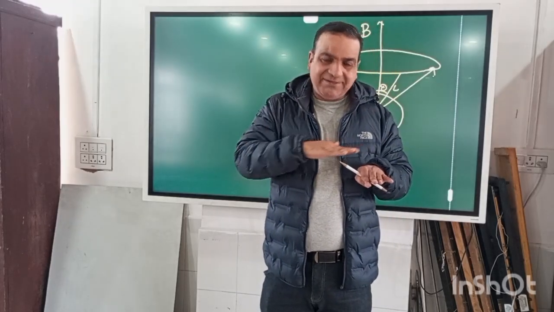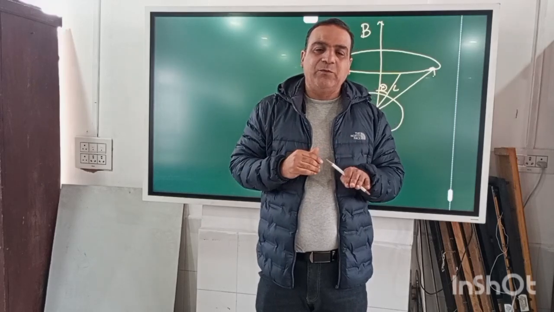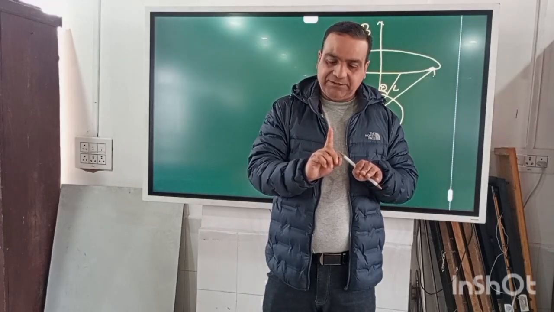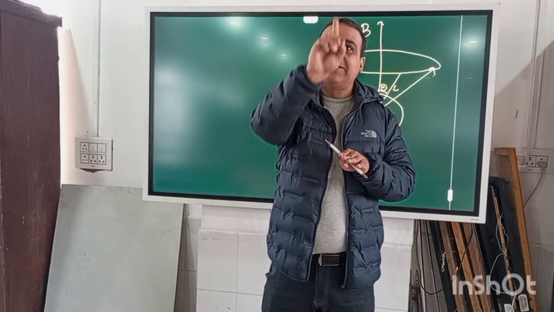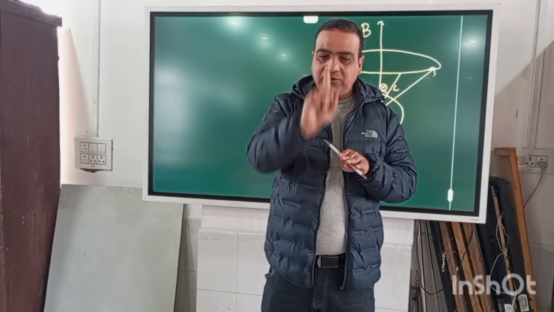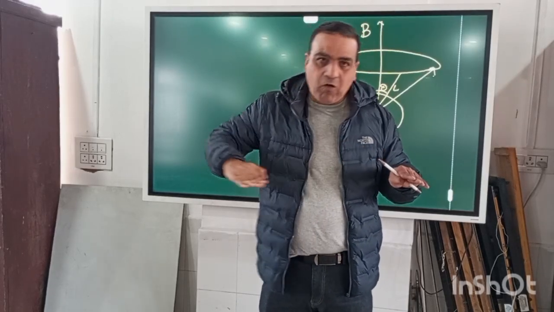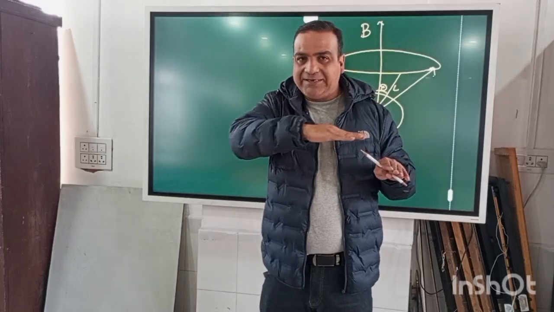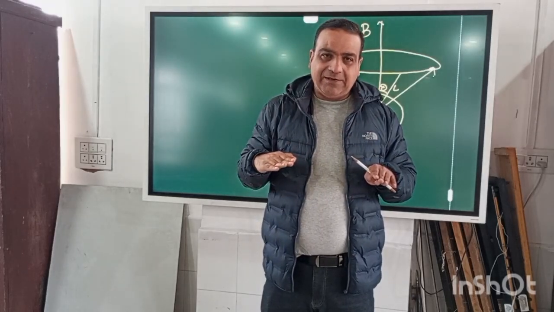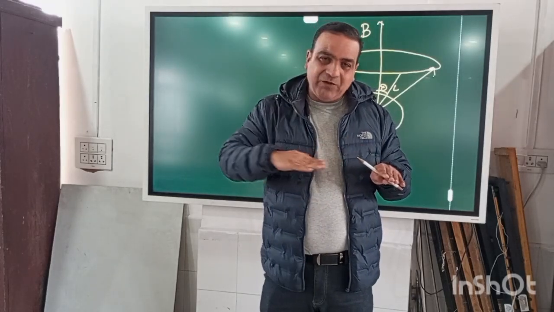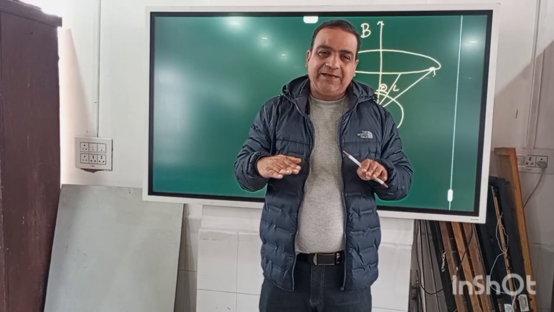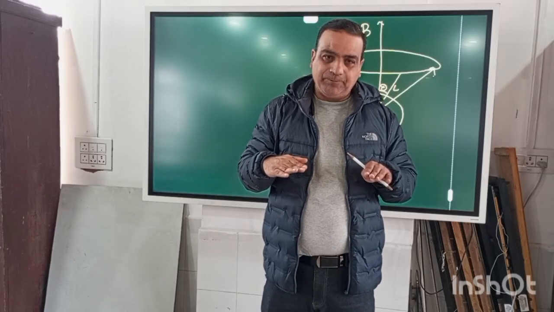As we understand from the definition of angular momentum, it is perpendicular to the plane of velocity and position vector, the plane in which the electron is moving.